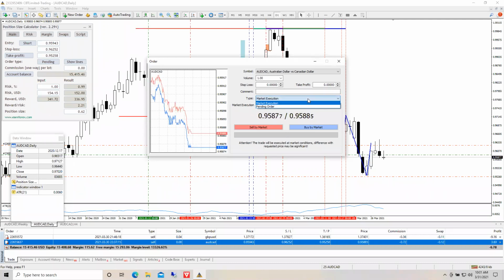And if you look at the standard MT4 order ticket here, you'll notice that that is exactly what they have under type: market execution and pending order. Now, having said that, that's not strictly correct, even though from a practical point of view, it's important that they have it that way. It makes life easier. But in concept, that's not where the main difference lies.